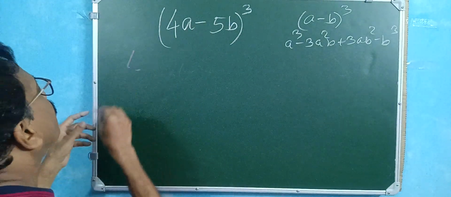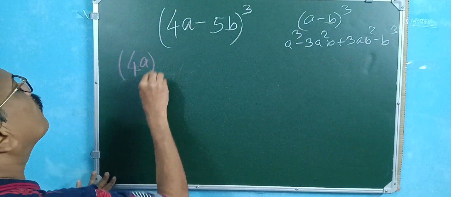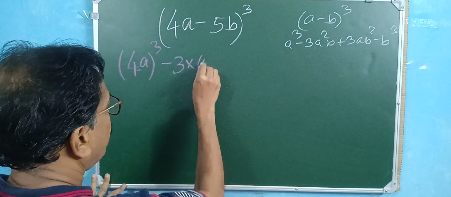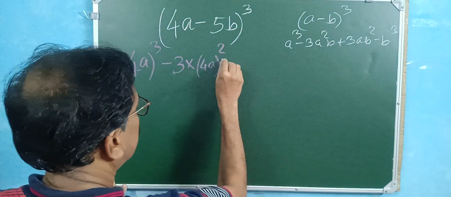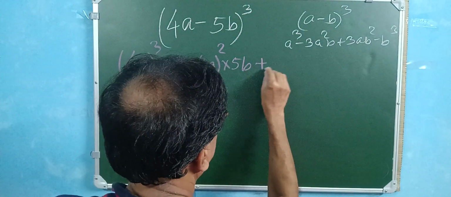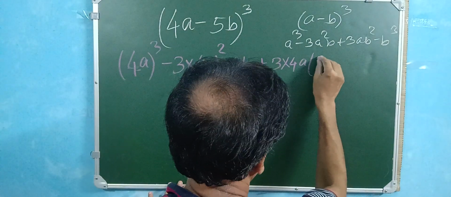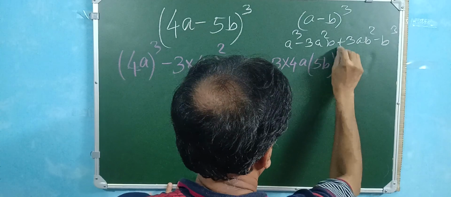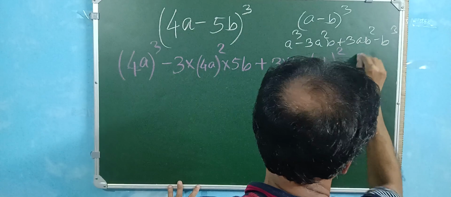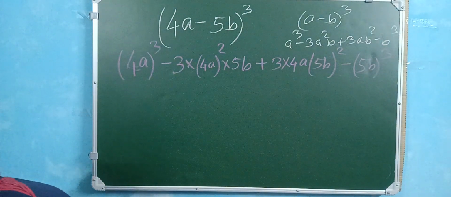So 4a whole cube, minus 3 into 4a whole square into 5b, minus 3ab plus 3 into 4a into 5b square, and minus 5b whole cube. Clear?